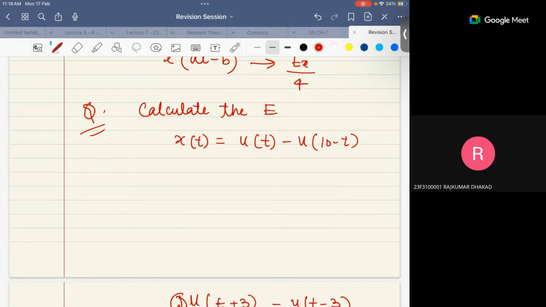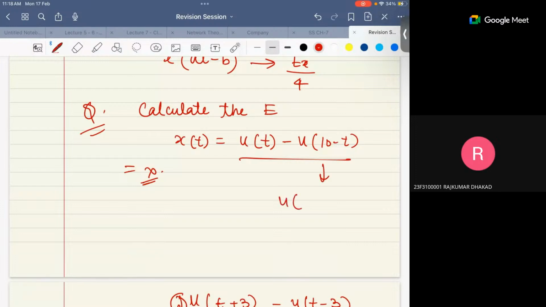The value will be infinite. Okay. Any of you can just tell me how the value is infinite? Can somebody plot this one?